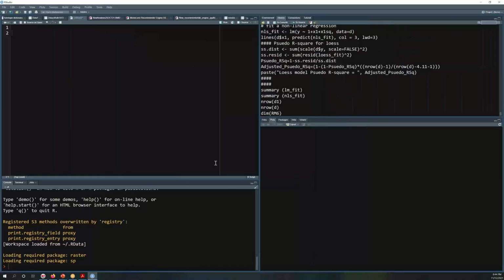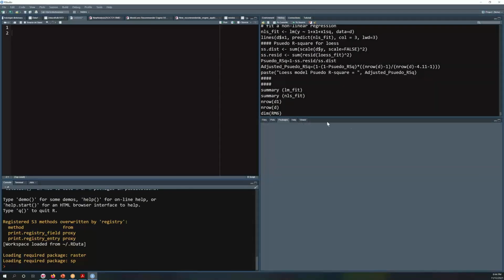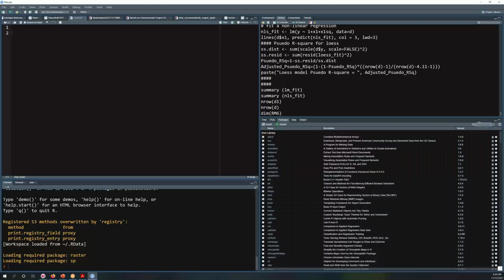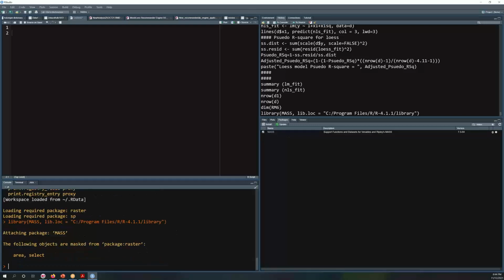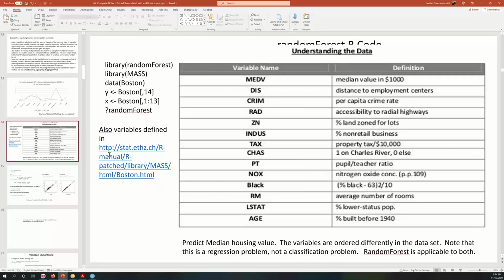Okay. All right. So let's take library MASS. I think the package with library MASS will be there. Let us see. Yeah, library MASS. Let's just copy and paste that.